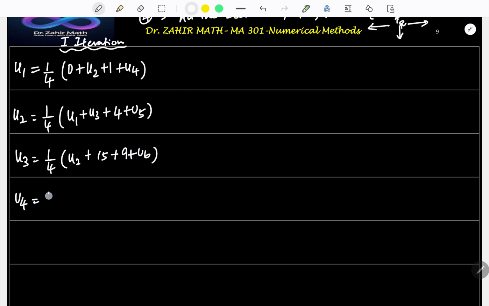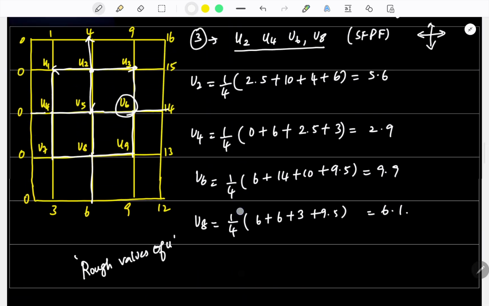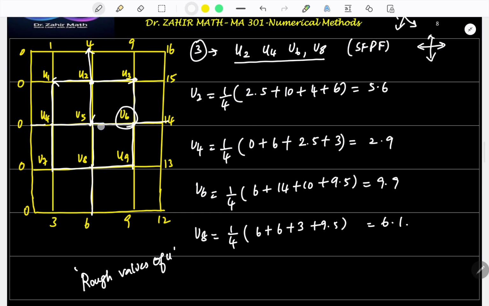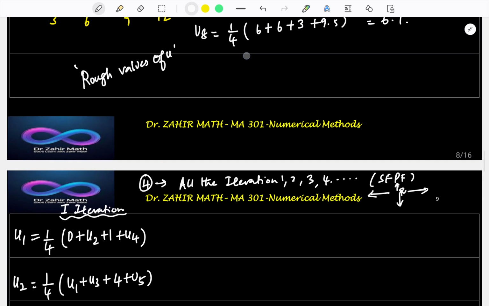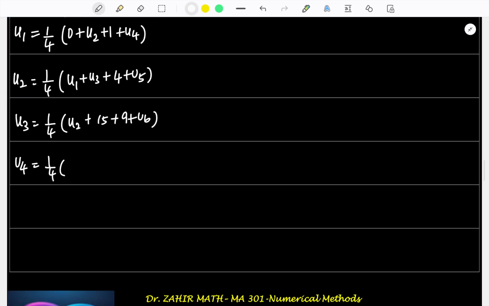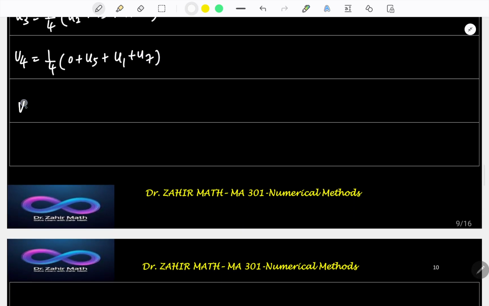Now u4 is equal to 1 by 4 bracket open, 0 plus u5 plus u1 plus u7. Similarly, u5 is equal to 1 by 4 bracket open, u4 plus u6 plus u2 plus u8.